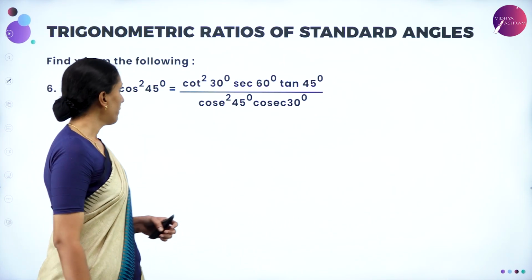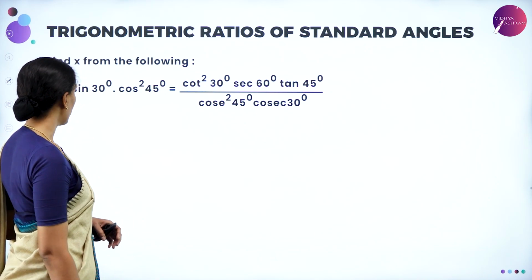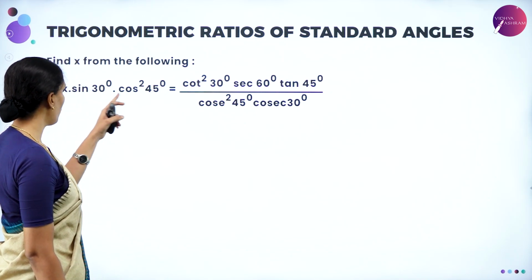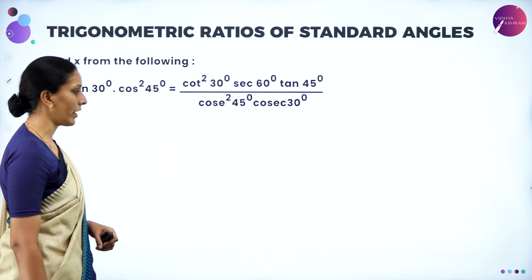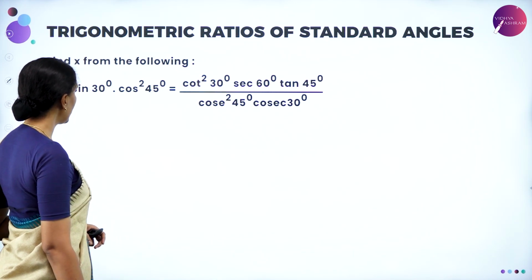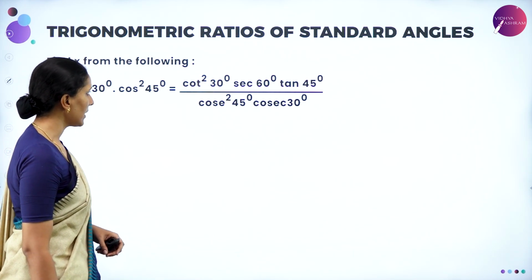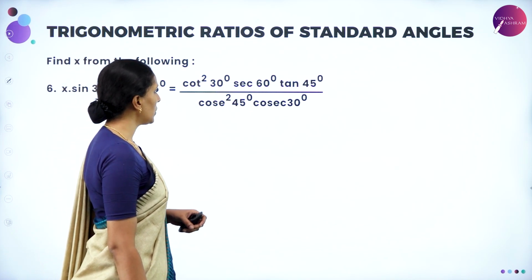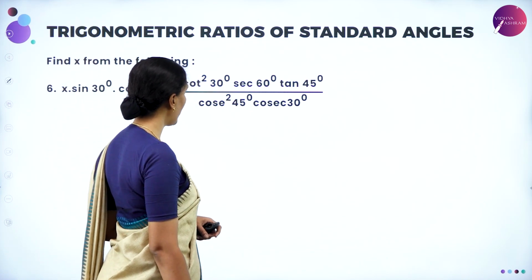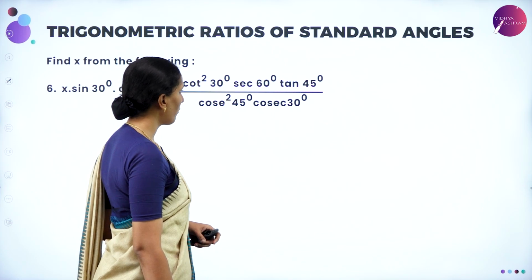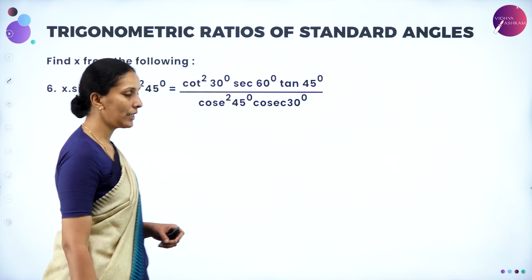Next one, find x from the following. So here we have one unknown value of x. We need to find out the value of x. x into sine 30 into cos square 45 is equal to cot square 30 into secant 60 tan 45 divided by cosecant square 45 degree into cosecant 30 degree.